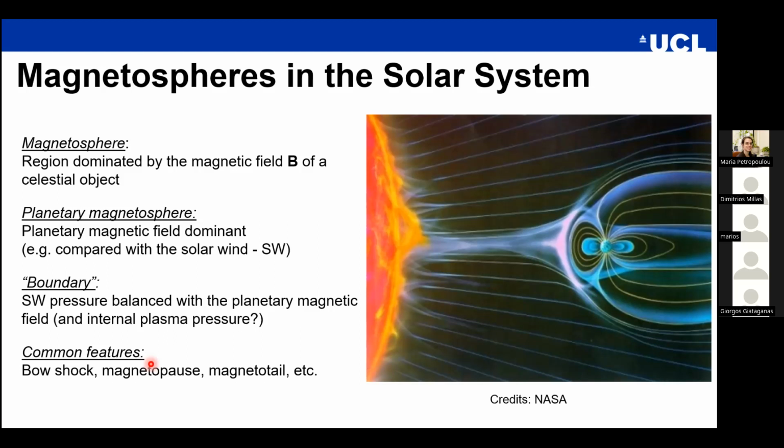There is a region where the solar wind pressure is gradually balanced by the planetary magnetic field and maybe some other sources of pressure. And regardless of the exact object, we can understand and observe some common features: for instance, the bow shock, the main part of the magnetosphere, the magnetosheath, the magnetotail, and so forth.